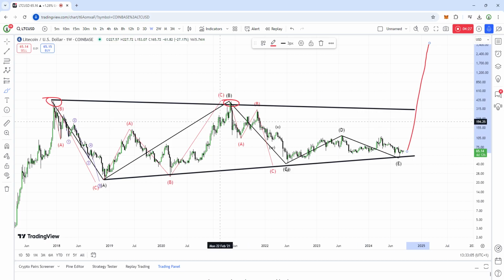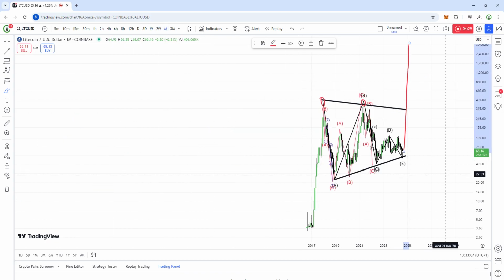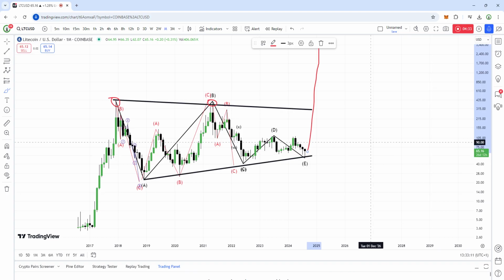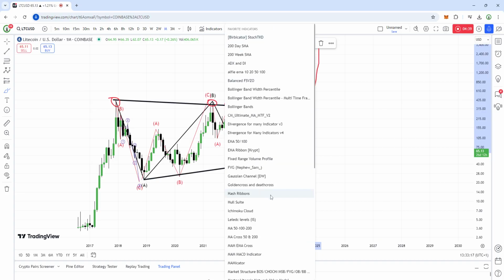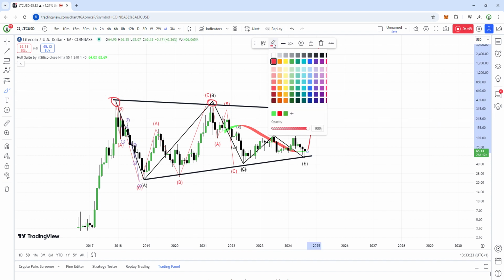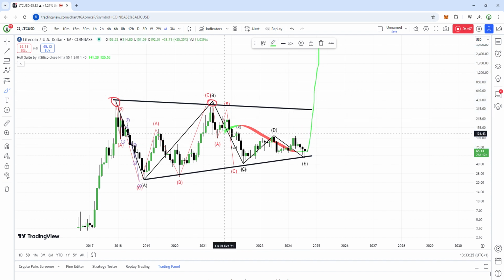Okay, so if we flip back onto the monthly, we can also have a look. There's an indicator that I like to use, which is called Whole Suite, and I did just use that on the Bitcoin Cash video. If we were to draw this, it would be something like that.